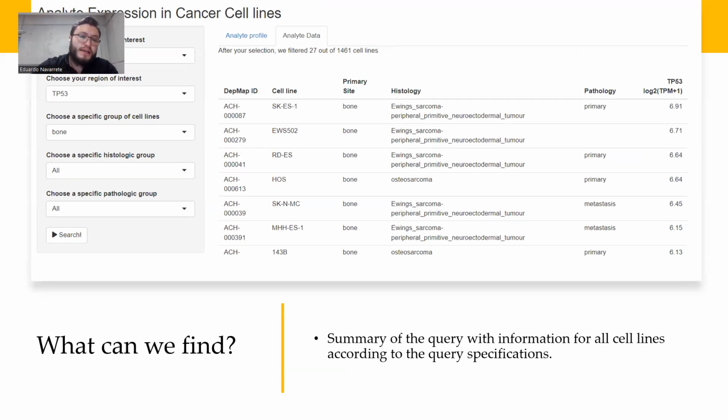Next, a table can also be displayed in analytic data, okay? Analytic data, with the filtering of selected data to visualize all of the entries that match the choices in the group and region selection.